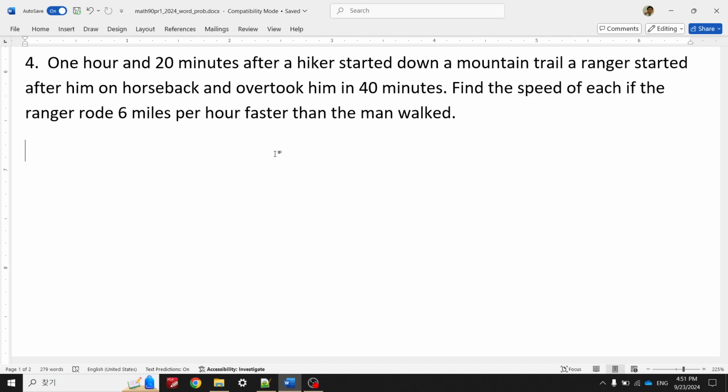You have to always start by writing the basic formulas for speed, distance, and time, okay? And when you do that, just remember one thing. Highway speed limit is in miles per hour.